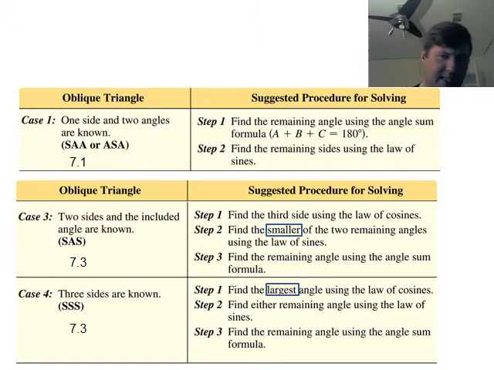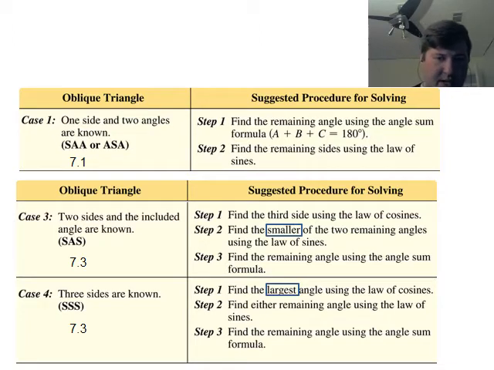When it comes to finding sides, you could use the law of cosines with no problem. It's when you start trying to find your angles that things get complicated. You want to use the law of sines for the smaller angle. You want to use the law of cosines for the largest angle.